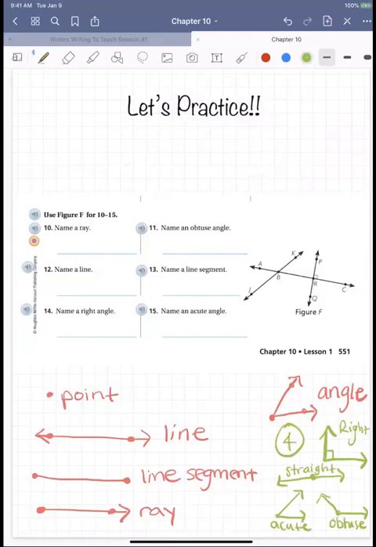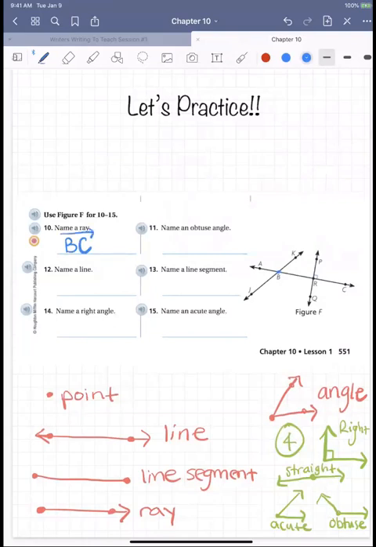So now we're going to look at this example. Using this picture, figure F, name a ray. Looking at number 10, name a ray. Looking at that picture, what could be an example of a ray that you see? I'm going to give you one example, and then I want you to say out loud or write down a second one, because there is more than one answer here. One example could be ray BC.